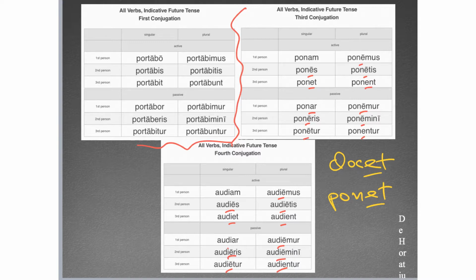Ponet is future because it's a third conjugation verb, and we know that the E for third conjugation is future. So there's no way to tell these forms apart except by knowing the vocabulary. That's the ambiguity that the third conjugation future introduces. All right. So one system for first and second conjugations, the bo, bis, bit. One system for third IO, and fourth, the am, es, et.